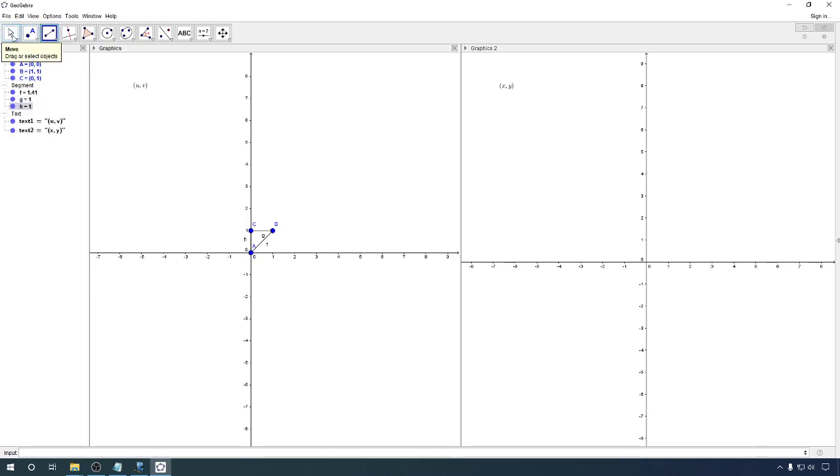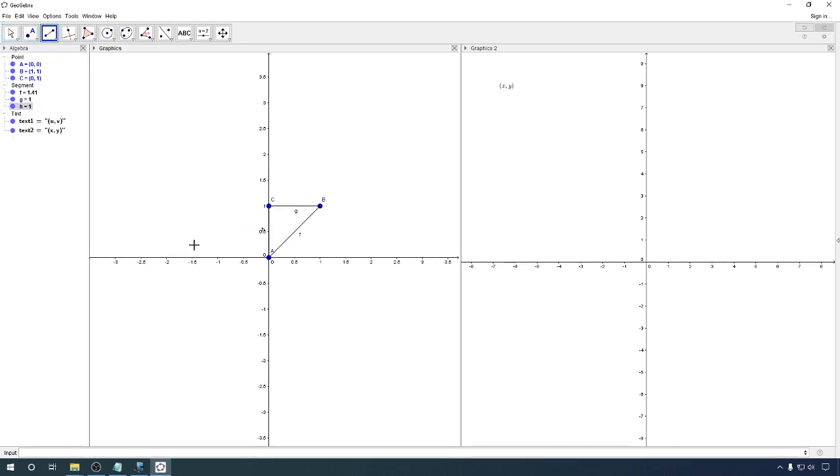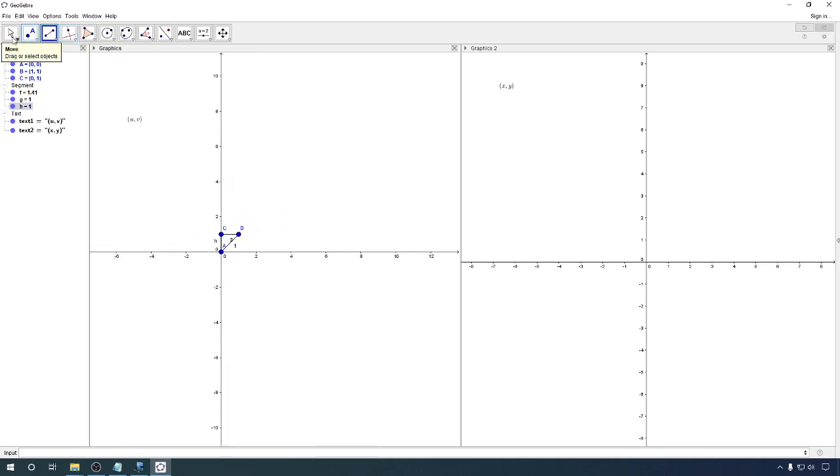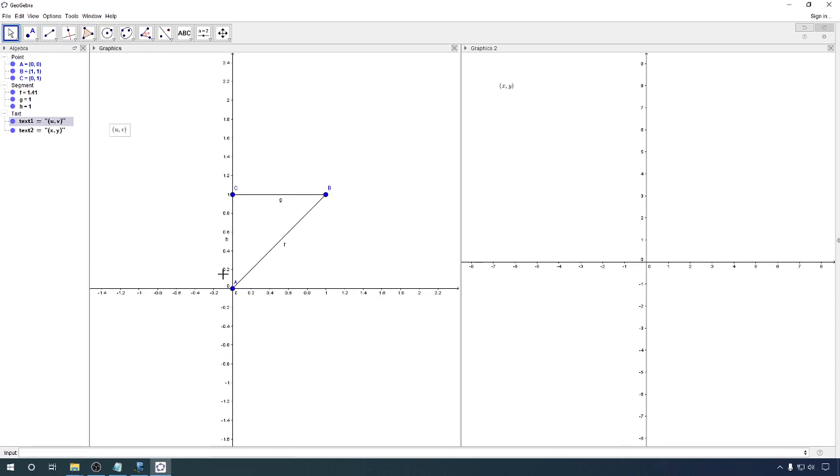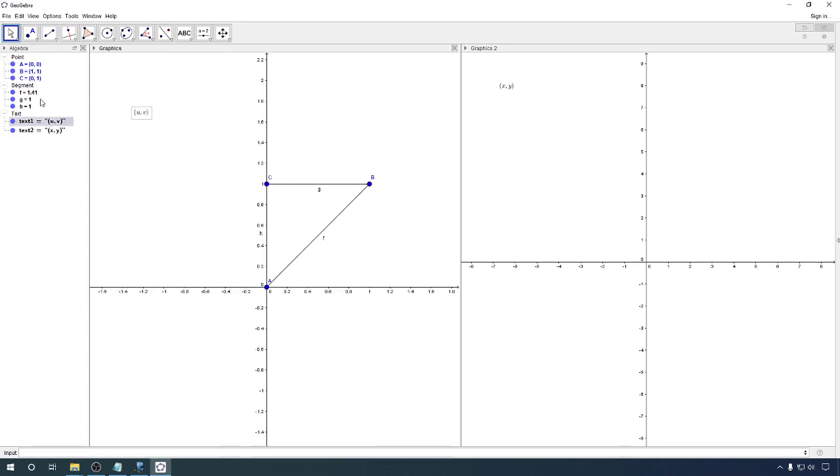Let's zoom in on that a little bit. And I want to keep this text on the frame. And I'm going to go ahead and remove the labels of those. There we go. I'll keep the labels for A, B, and C. That way I can actually show where those points go to over here.